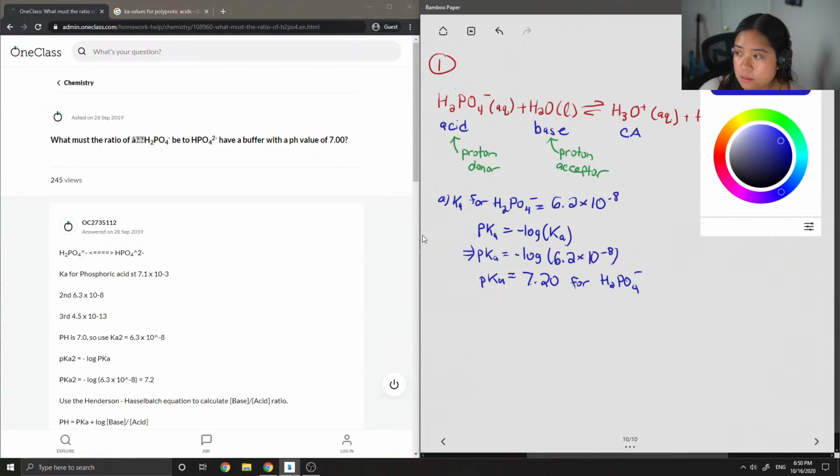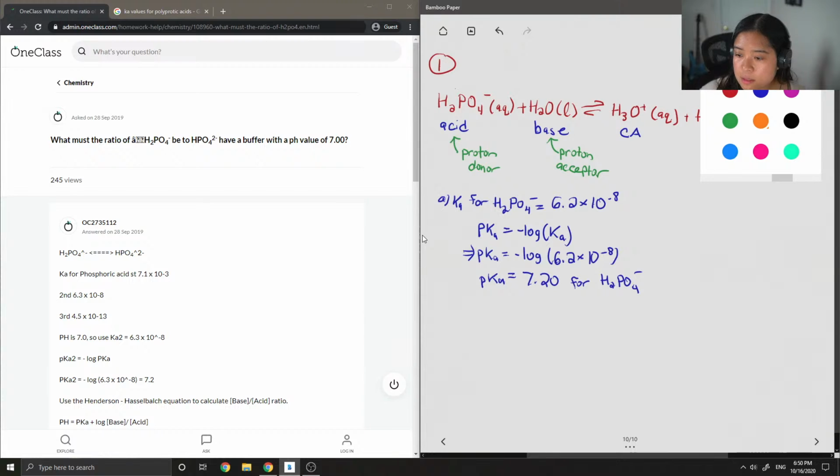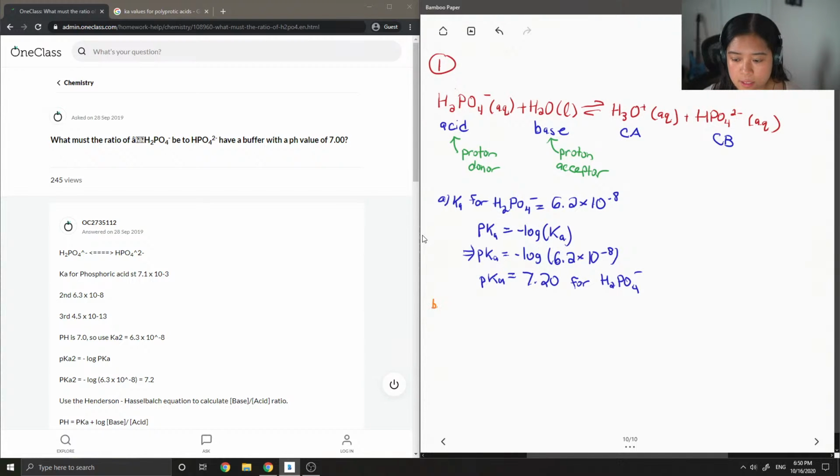So then the second step to answer this question is to calculate the ratio of acid to conjugate base by using the Henderson-Hasselbalch equation.